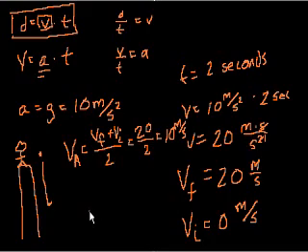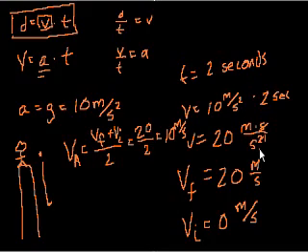So right when I let go of the rock or the ball or the penny, whatever I'm dropping, the thing is stationary. So it's at 0 meters per second. After 2 seconds, we used this acceleration formula. After 2 seconds, it accelerated to 20 meters per second.